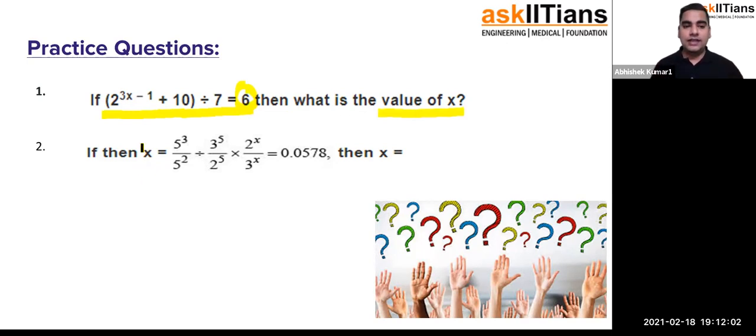The second one is if x is provided to you, which is 5 cube over 5 square, 3 raised to the power 5 upon 2 raised to the power 5 multiplied by 2 raised to the power x divided by 3 raised to the power x, and the value is 0.0578, then what is the value of x, or for what value of x is this going to be true?